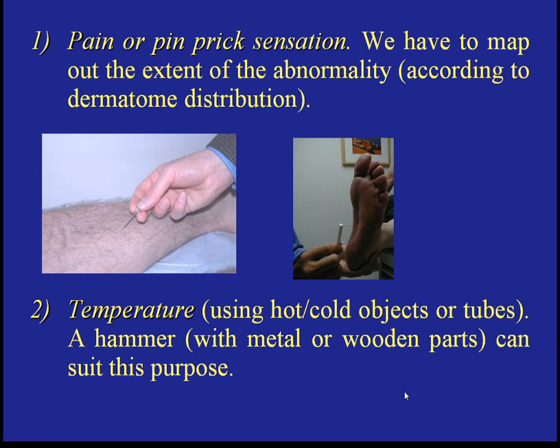The second modality, this is temperature sensation. We can use hot or cold objects or tubes, but always we use our neurological hammers, with metal or wooden parts, sometimes a plastic handle, and this absolutely can suit this purpose.